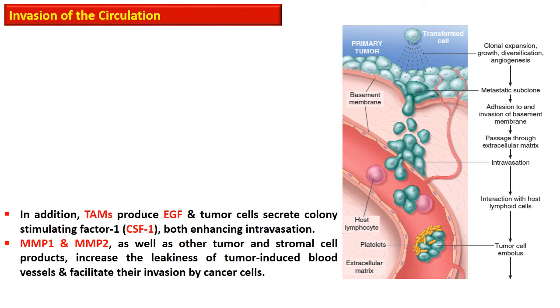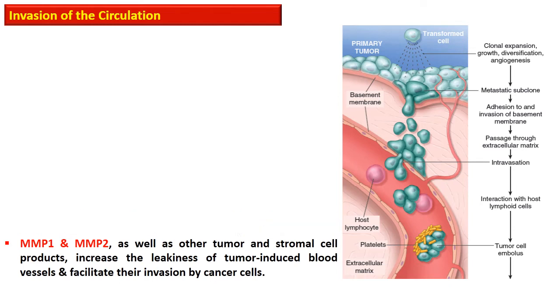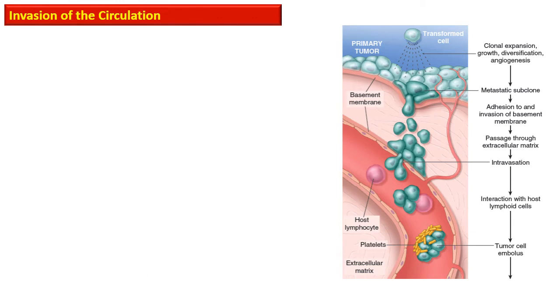This leakiness is further increased by matrix metalloproteases and other proteins and stromal cell factors. Tumor associated macrophages produce epidermal growth factor and colony stimulating factor 1 that also facilitate this process of intravasation by these lonely cells.